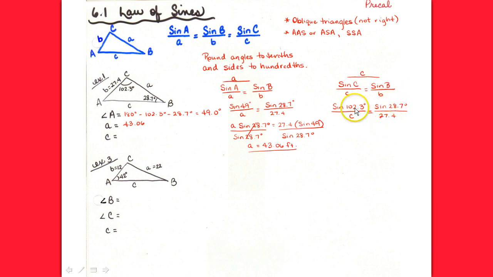So we'll put in 102.3 for angle C, 28.7 for angle B, 27.4 for little b. All right, so how are we going to get C by itself? Cross multiply, and then divide. Yep, so exact same process we used a second ago. Throw that into our calculator. Don't round until we get to our final answer.